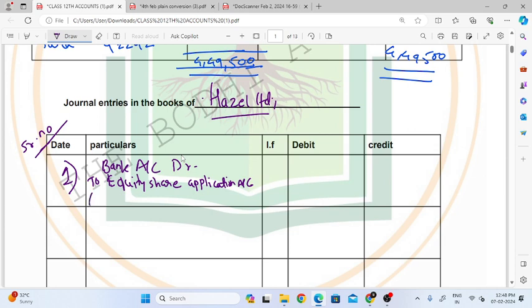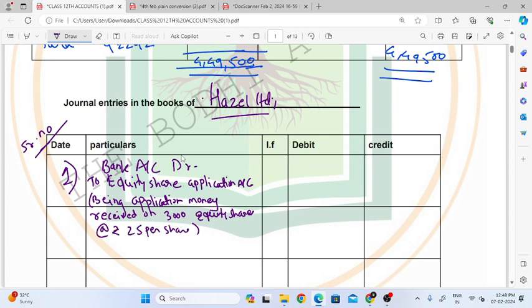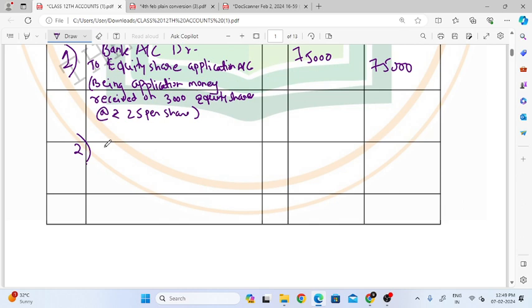Being application money received on 3000 equity shares at ₹25 per share. So 3000 multiplied by 25 will give us 75,000. Here also 75,000.